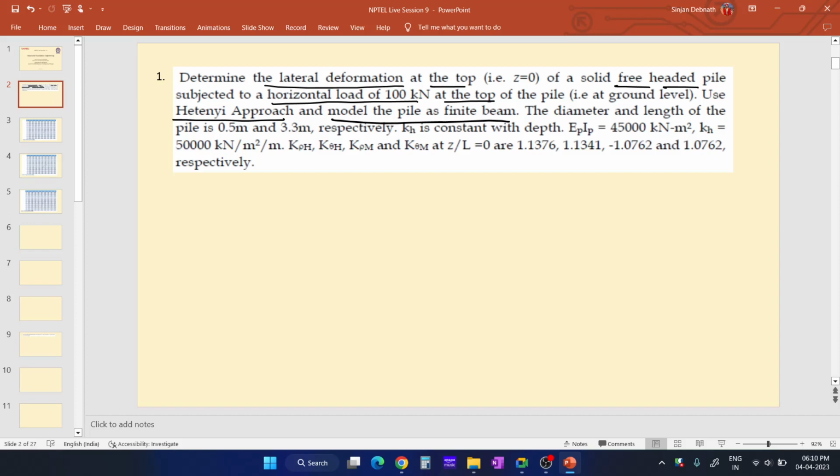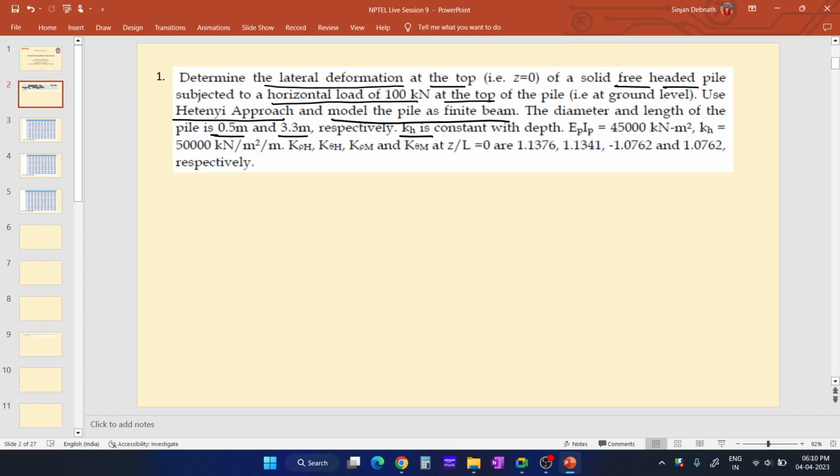If the pile is very long, it is modeled as a semi-infinite beam, and if the pile is short, it is modeled as a finite beam. The diameter of the pile is 0.5 meter and the length of the pile is 3.3 meter.